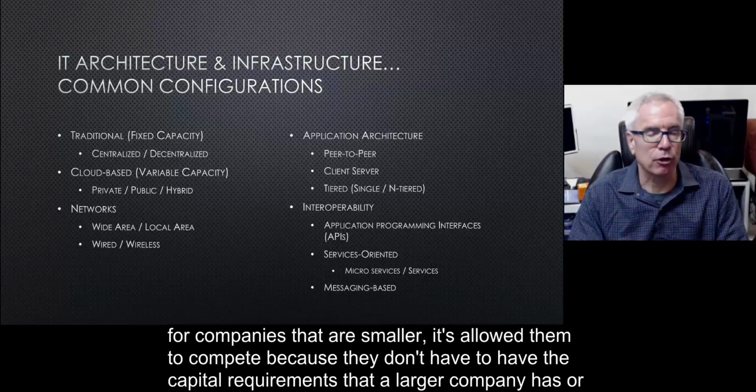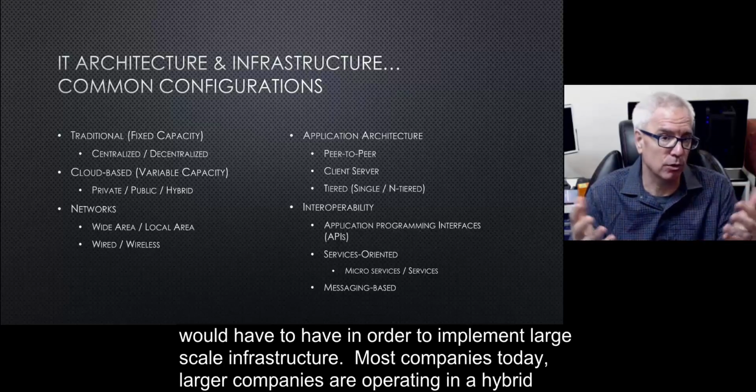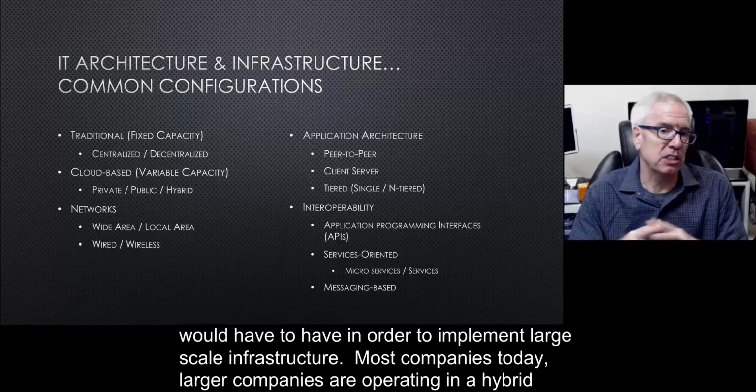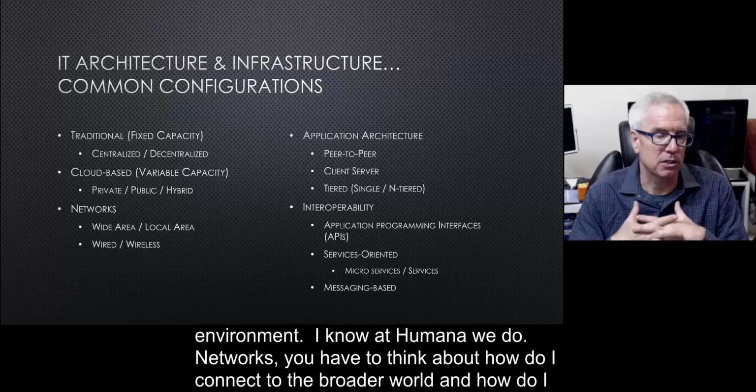And for companies that are smaller, it's allowed them to compete because they don't have to have the capital requirements that a larger company would have to have in order to implement large-scale infrastructure. Most companies today, larger companies, are operating in a hybrid environment. I know at Humana we do.